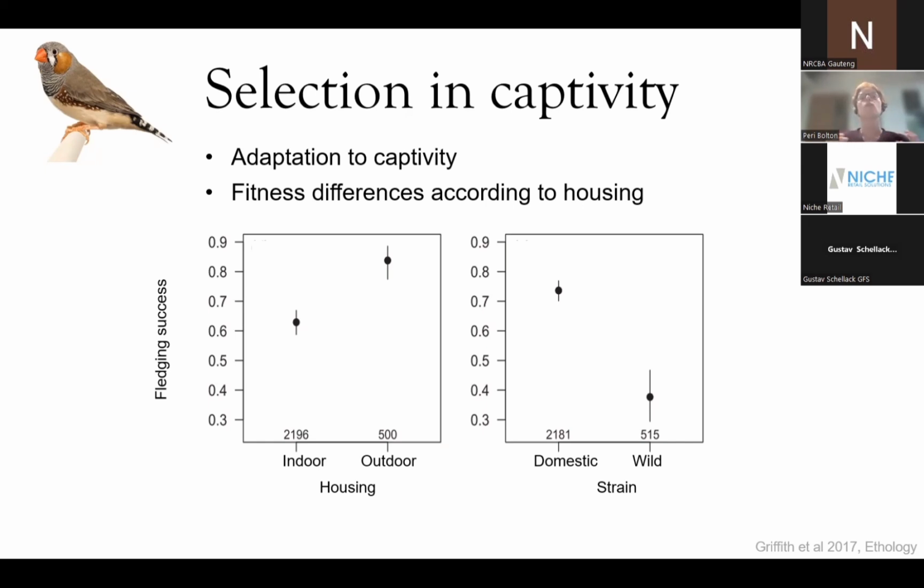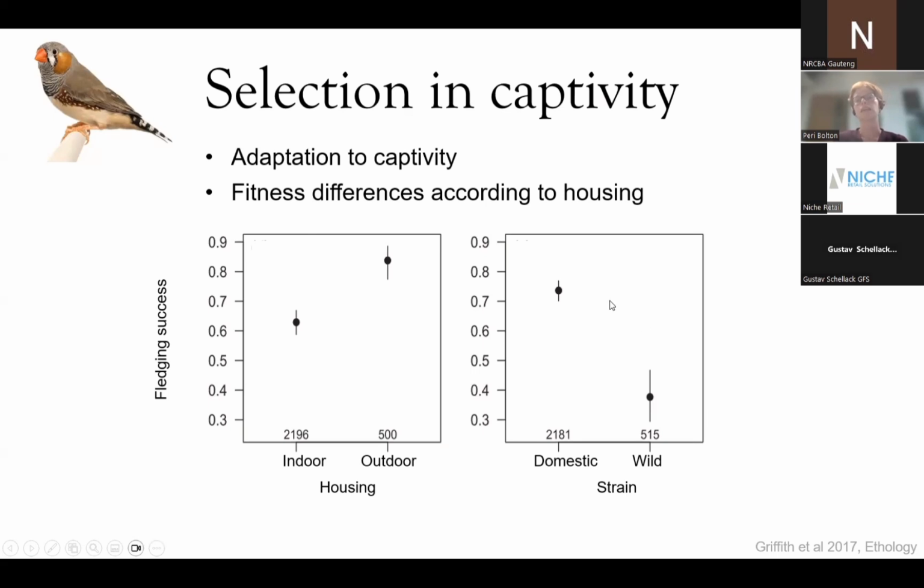And even within the domesticated birds, there was a difference. When birds are housed in indoor enclosures, they have a lower fledging success, so fewer birds leaving the nest than if they're housed outdoors.